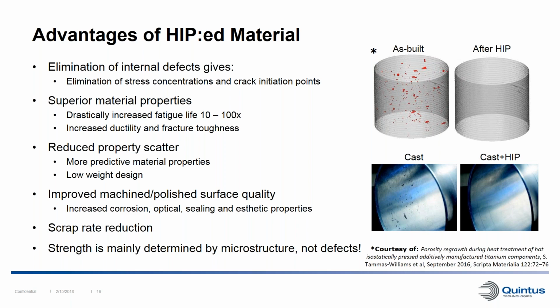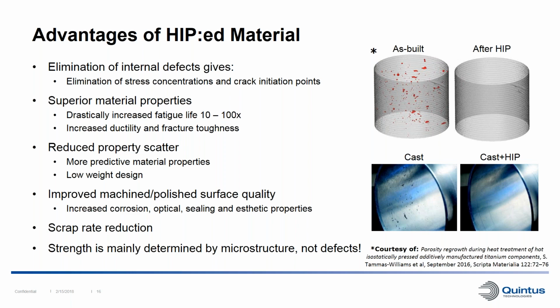With that, we get more predictive material properties, and this allows us to use design values closer to the actual strength of the material, and that allows us to use low weight designs.